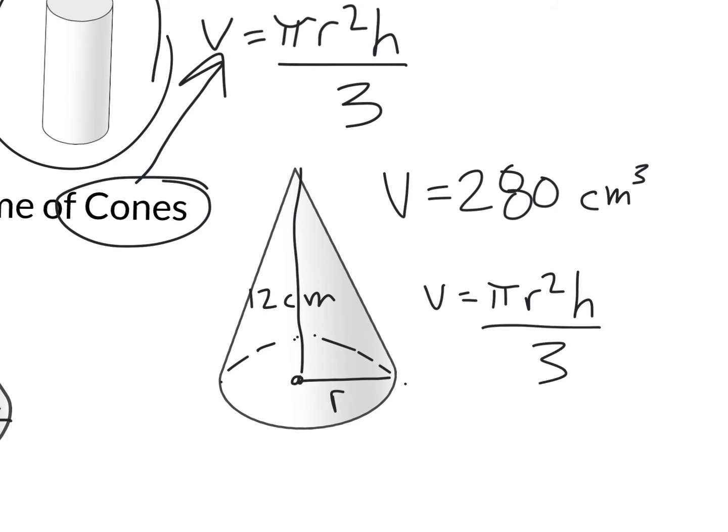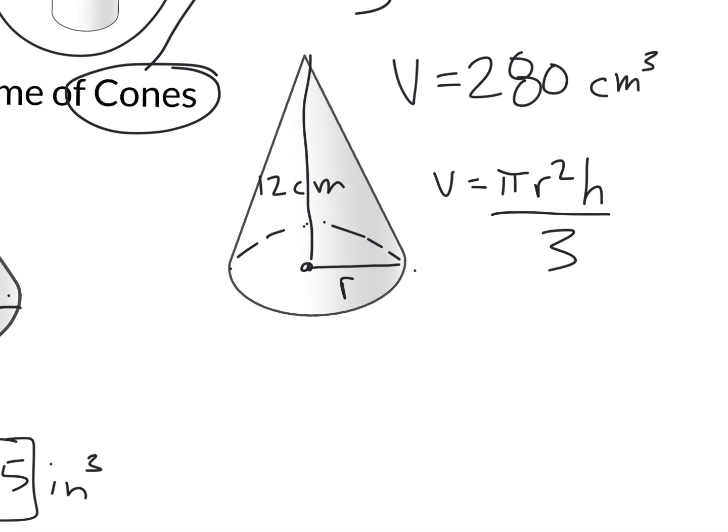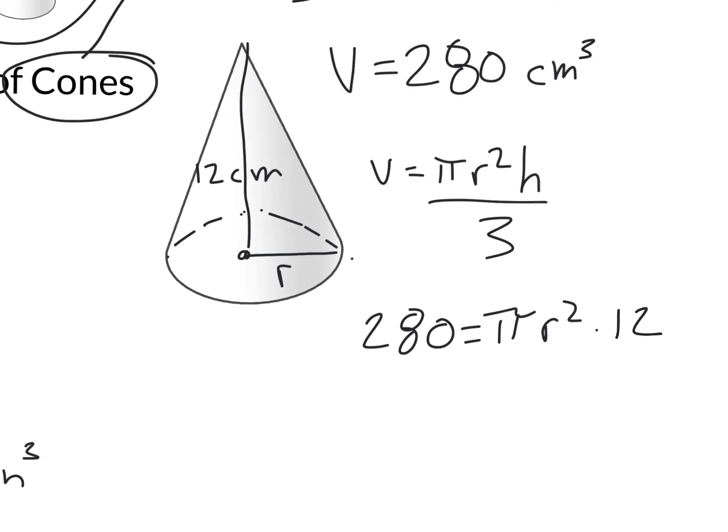So we'll plug in what we know. We know a volume, so I'm going to put 280 is equal to pi times the radius squared times the height, which is 12, divided by 3. Now, this may look a little bit confusing with this 3 on the bottom, having a denominator here.